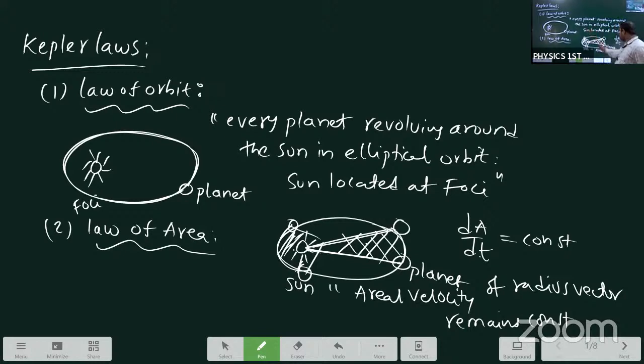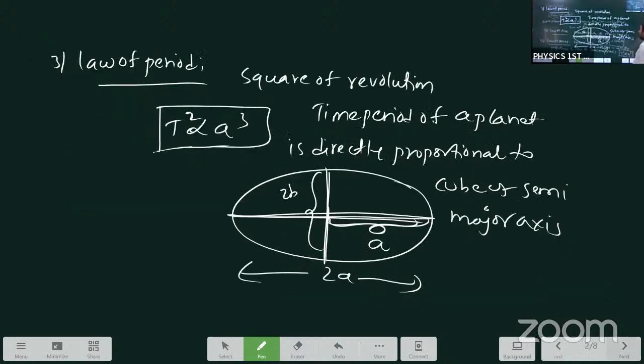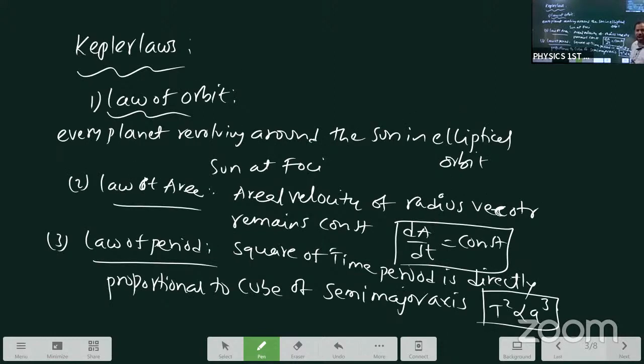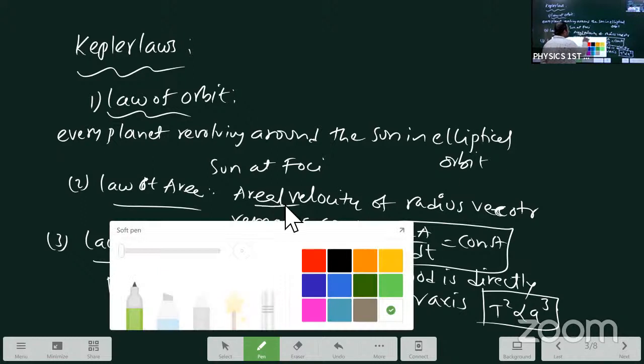First law of orbit, I gave in short method also, students. Every planet revolves around the sun in an elliptical orbit. The sun is located at a focus. Second one, law of area. Areal velocity of the radius vector remains constant.